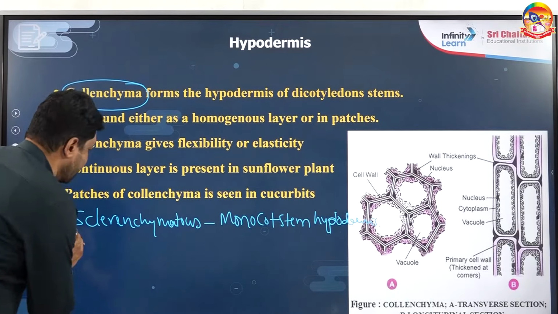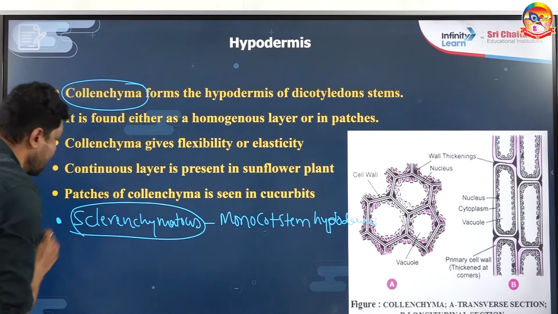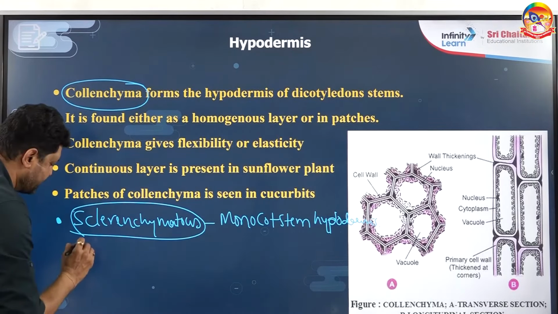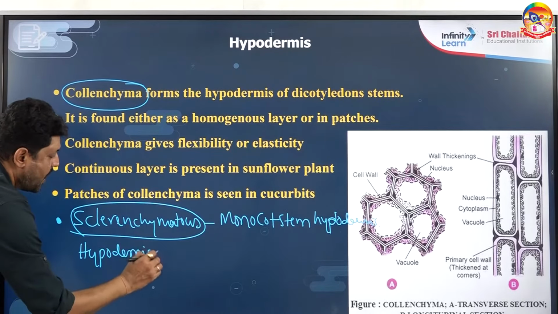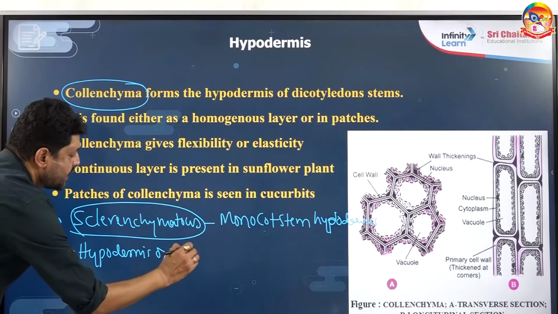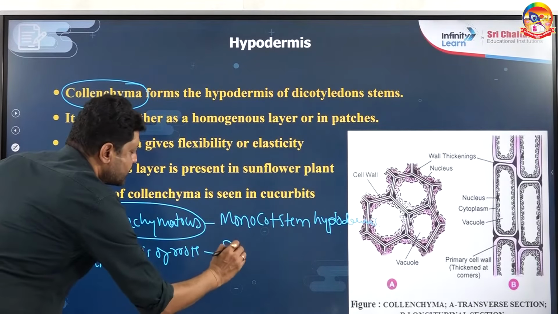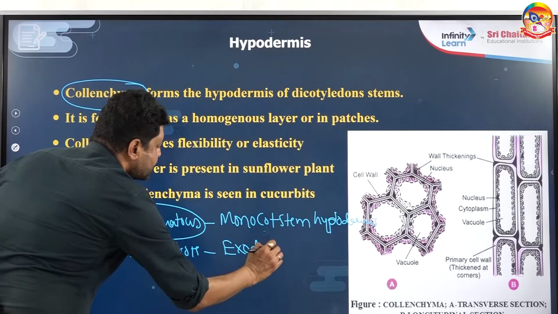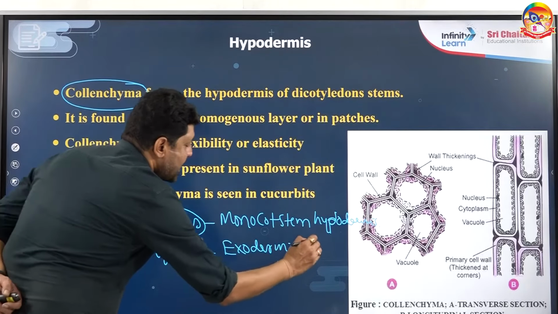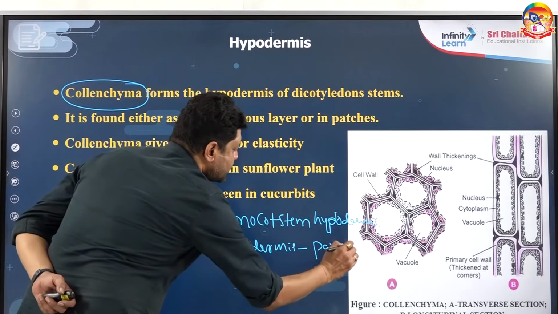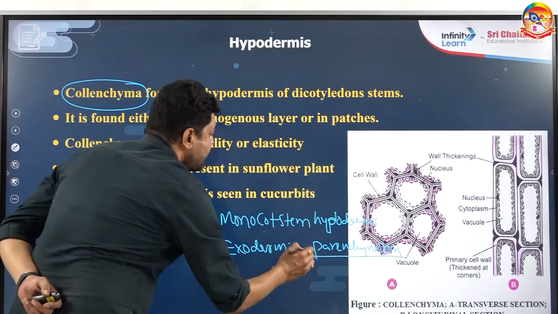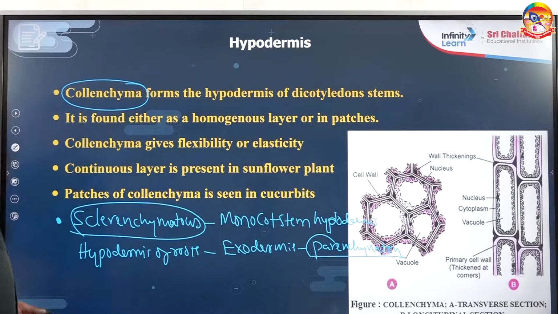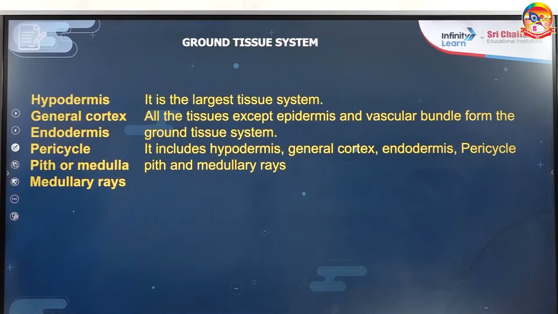So this is a point to be underlined. And the hypodermis of roots, generally we call it exodermis, is parenchymatous. What I mean to say, here it is sclerenchyma, here it is collenchyma, here it is parenchyma.